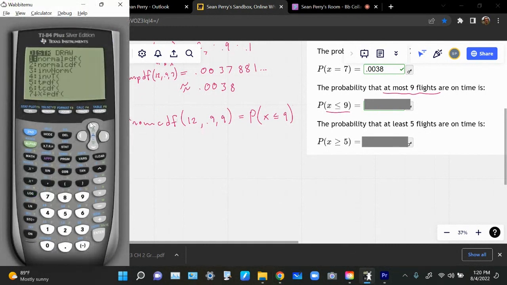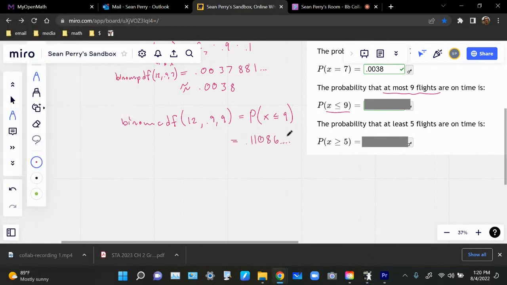To find that, we go back to distributions and we go up to binomCDF. 12 trials, probability of 0.9, and an X value of 9. binomCDF will add up all the values less than or equal to 9. So we have 0.11086 and so on. Rounded appropriately, that's going to be 0.1109.